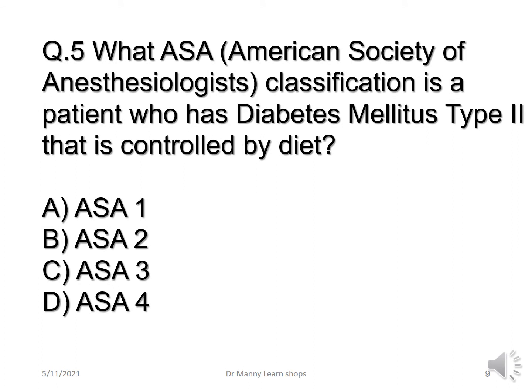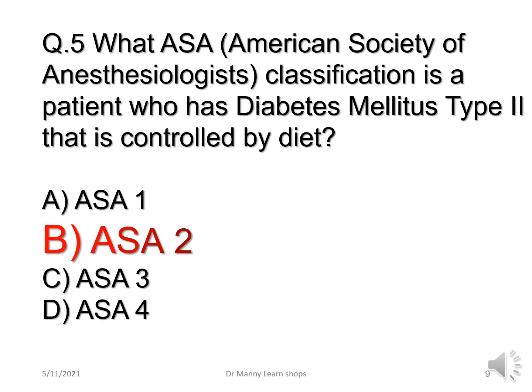What American Society of Anesthesiology, ASA, classification is a patient who has diabetes mellitus type 2 that's controlled by diet? 1, 2, 3, 4. There's 5 and 6 as well, but you've got 4 choices. The correct answer is ASA 2.